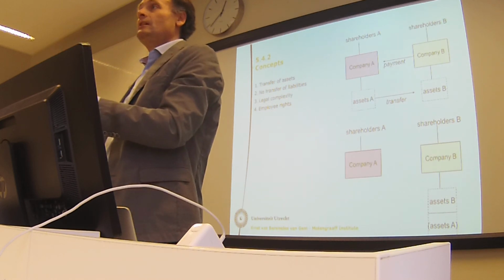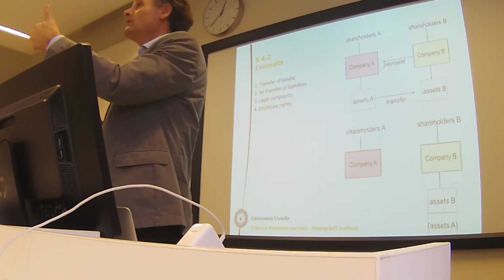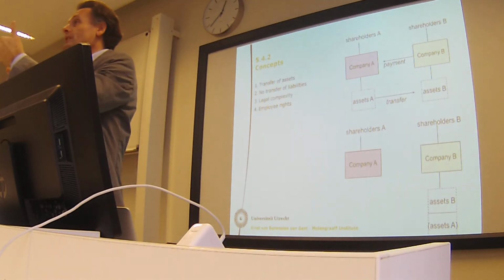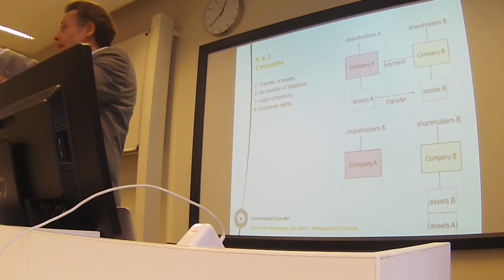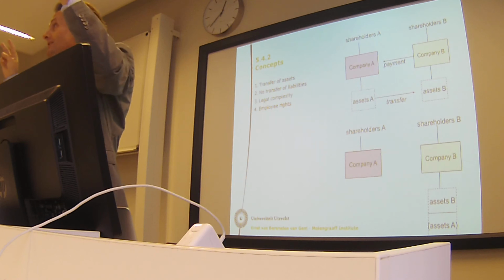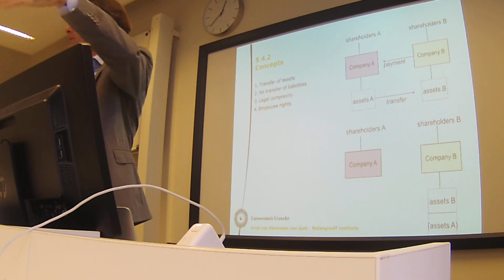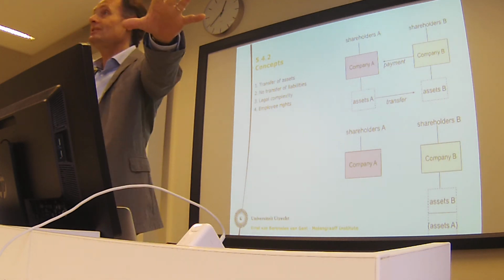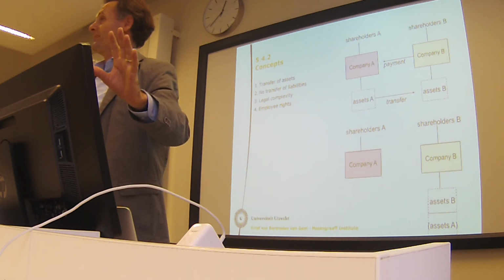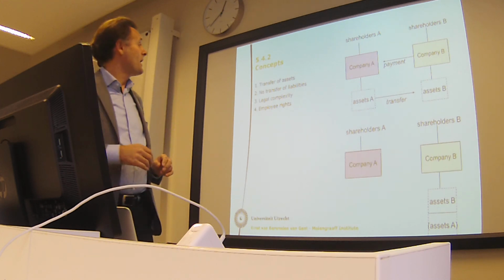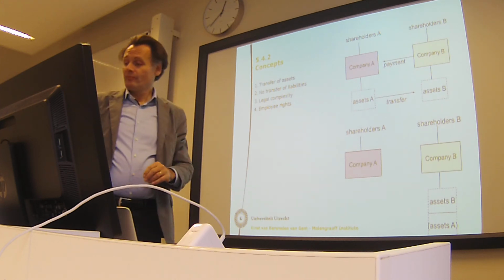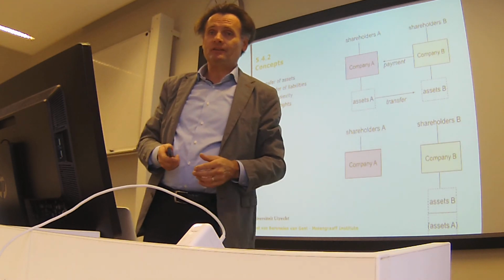How is that done? Well, confidentiality agreement, letter of intent, due diligence on the mobility. We, the university, want mobility of the personnel, you know, and the ICT and stuff like that. And the employee rights connected to it.